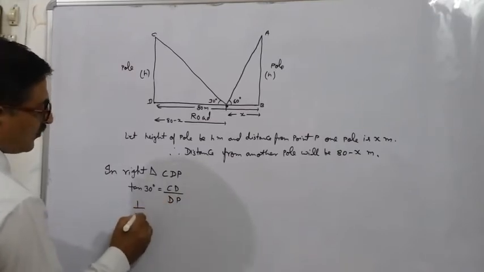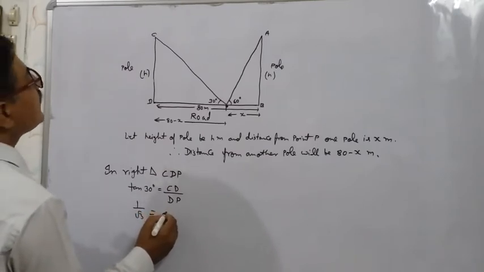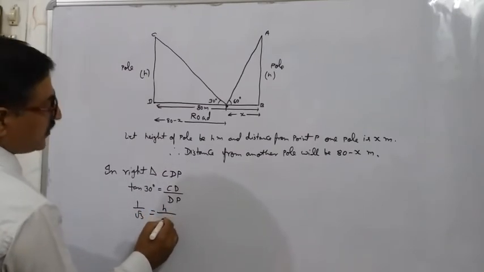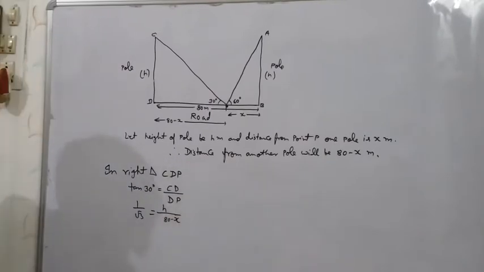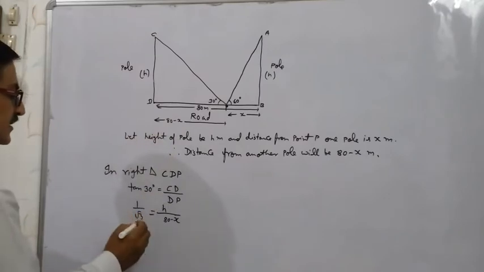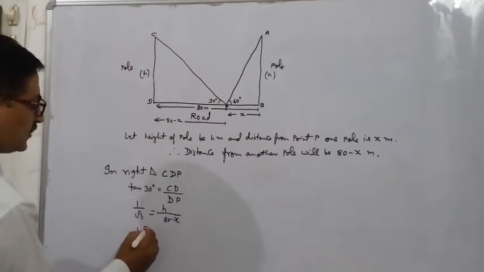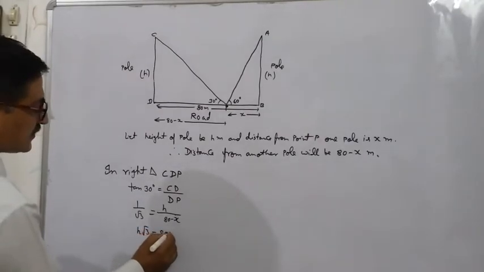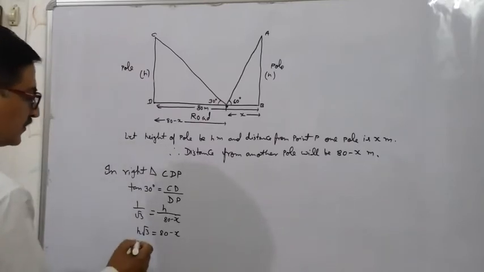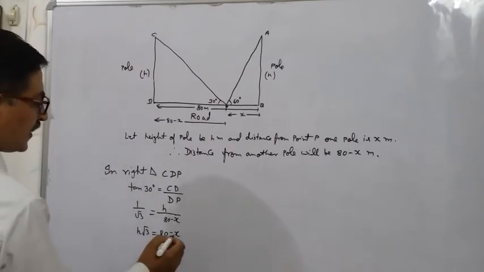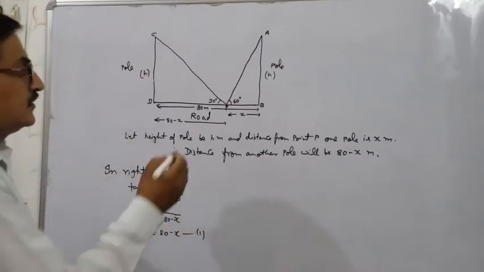Tan 30 degree is 1 upon root 3, CD is h and DP is 80 minus x. So h root 3 equals 80 minus x. This is equation 1.